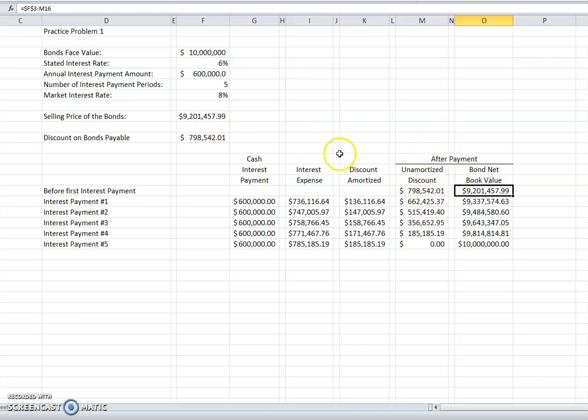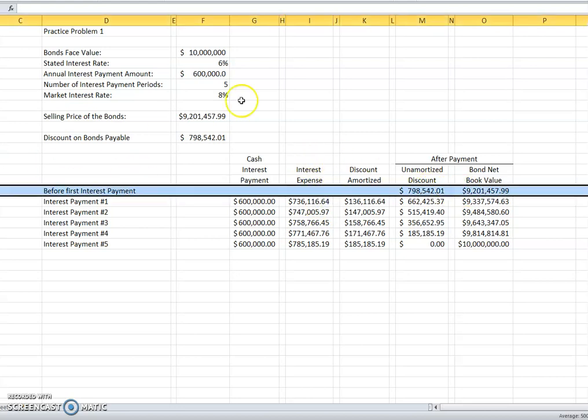Okay, now our first amortization period, to calculate the interest expense, we are going to take the net book value times the market interest rate of 8%.